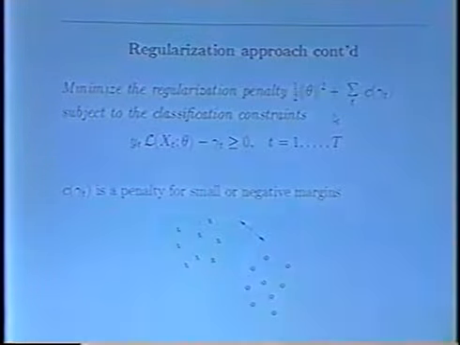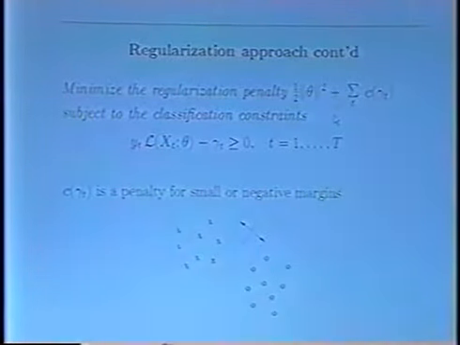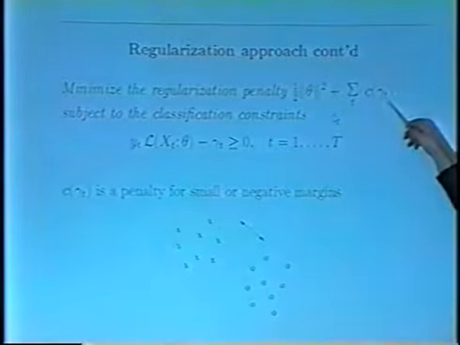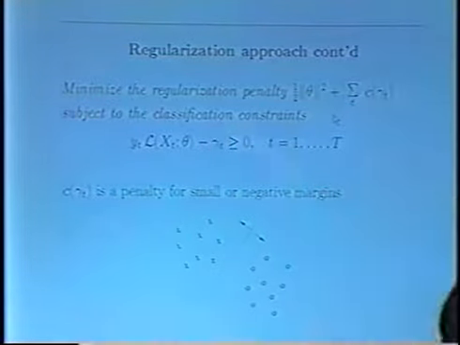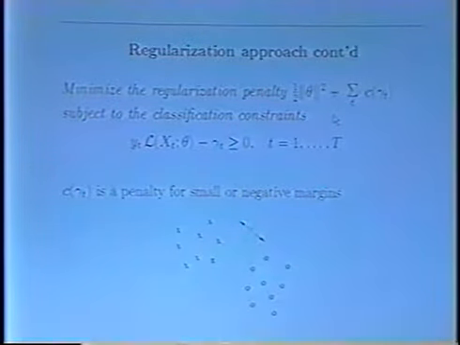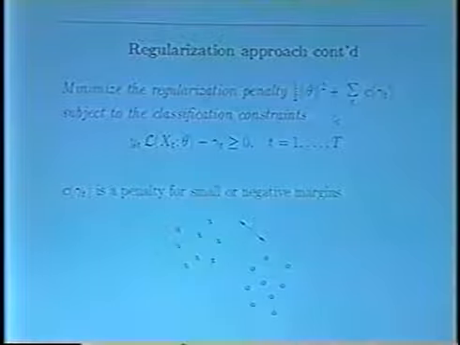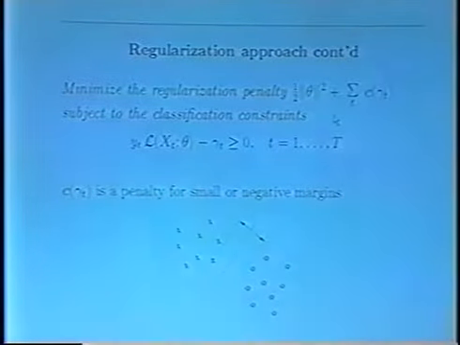So this is a large margin formulation for the classification method. And C here is a penalty for setting this too close to zero or even negative. Is this clear, what this formulation does?